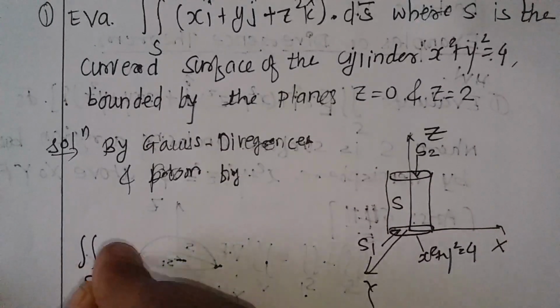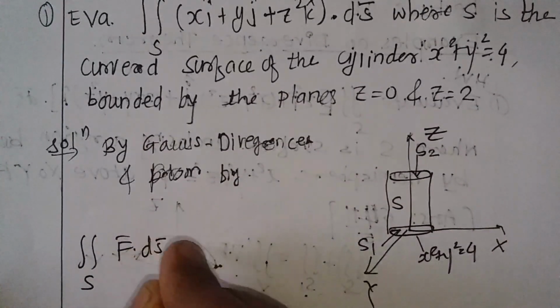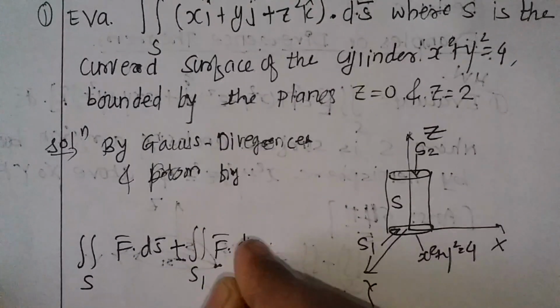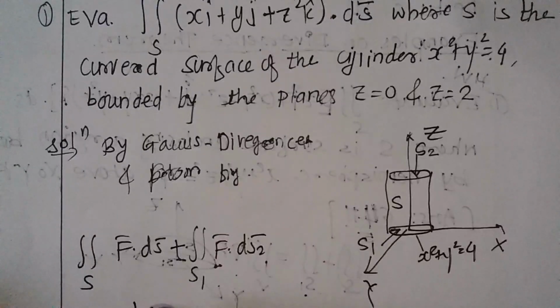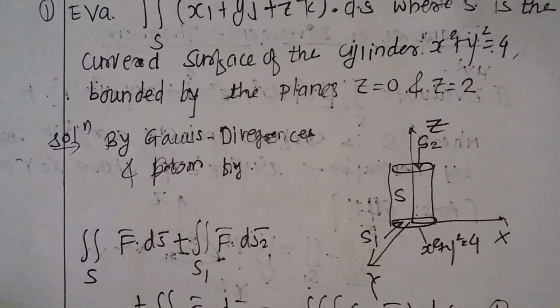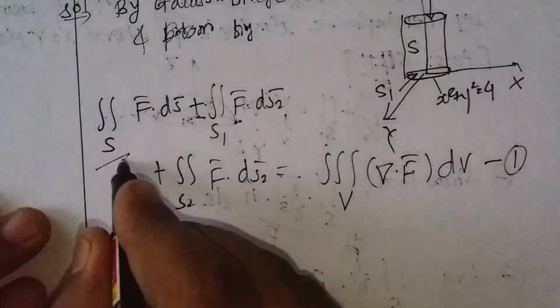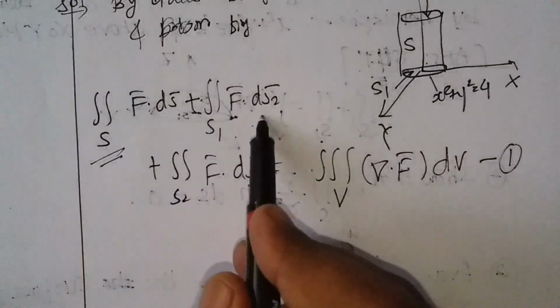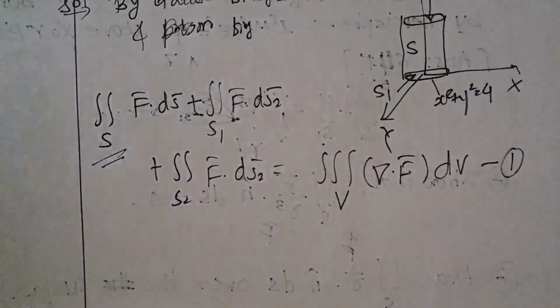Double integral over S of f bar dot dS bar plus double integral over S1 of f bar dot dS1 bar plus double integral over S2 of f bar dot dS2 bar equals triple integral over V of del dot f bar dV. Let us give this equation number 1. We are going to do the calculation for this curved surface. Now for determining this required integral we need to calculate this and this. Total three integrals we need to calculate. So let us calculate them one by one.